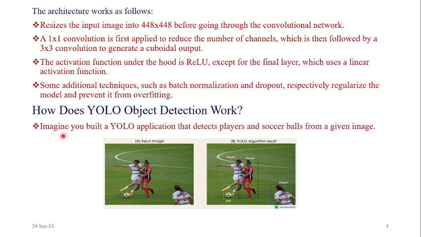If the center of the object falls into a grid cell, then that grid cell is responsible for detecting that particular object. It may be a ball, a man, or any object. Each grid cell predicts bounding boxes and confidence scores for these boxes.